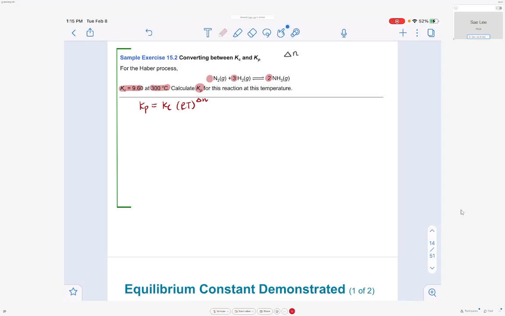So first, let's find the change in mole. The change in number of moles of gas in the balanced equation: you have to add all the moles of the product.